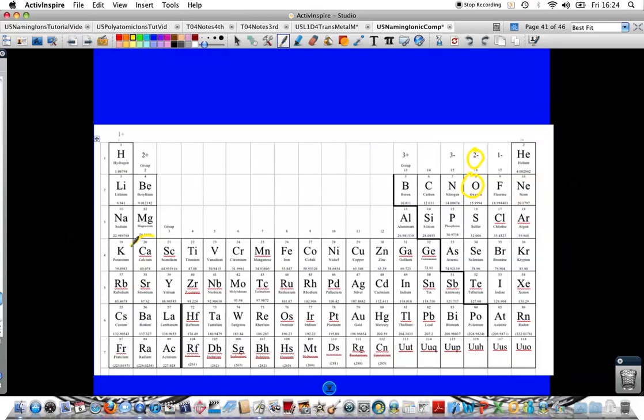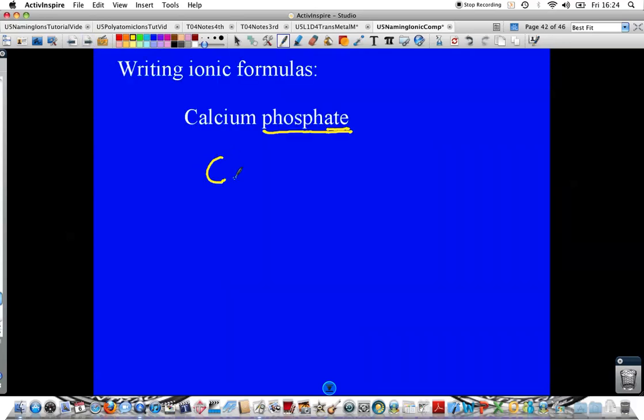Calcium is in group 2, so it has a 2+ charge, so I know that calcium is Ca with a +2, and phosphate is PO4 with a -3. And the main thing we need to watch out for when we're writing formulas that have polyatomic ions in them, if we have more than one of that polyatomic ion, we have to put it in parentheses.